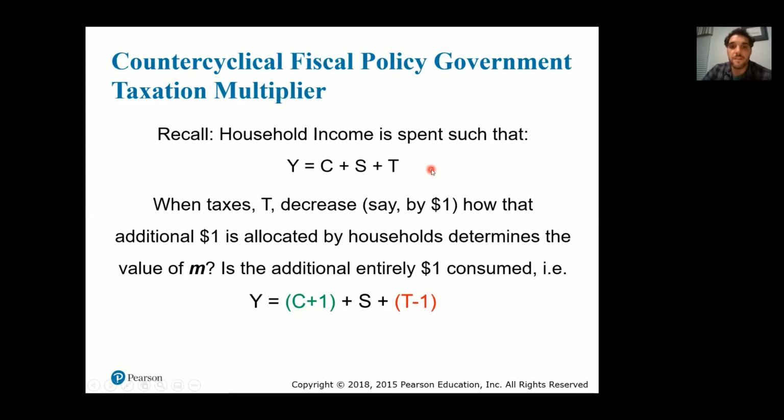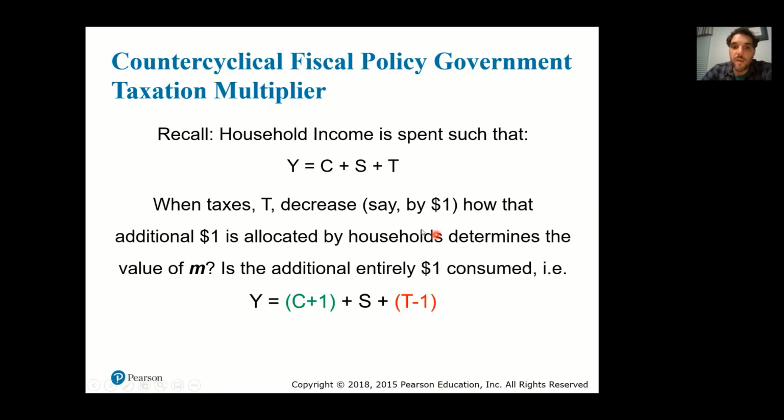So to understand this, we use this equation that represents how households can allocate their income. They can allocate it between consumption, savings, and the taxes that they have to pay. So essentially what we're saying is when there's a tax cut, taxes are going to drop, and we'll use, again, this $1 example.